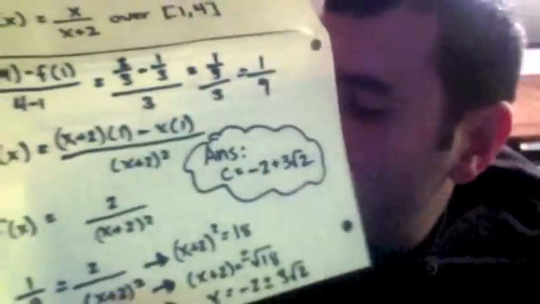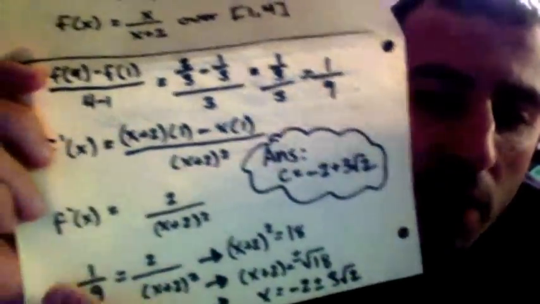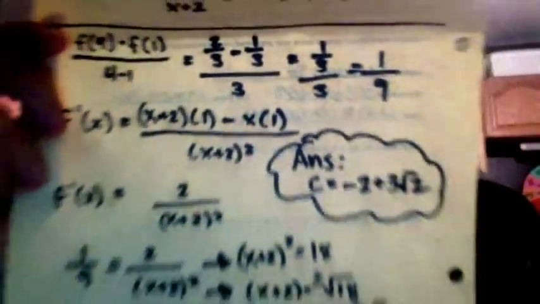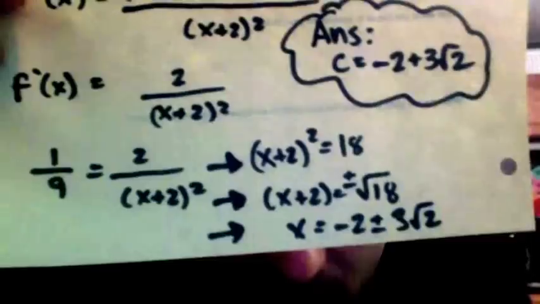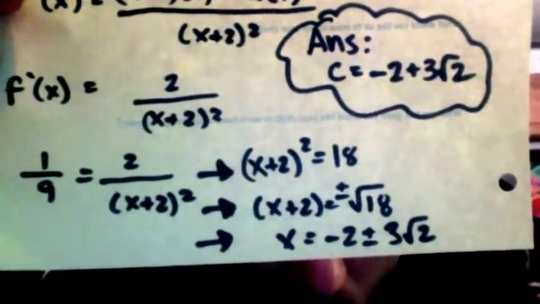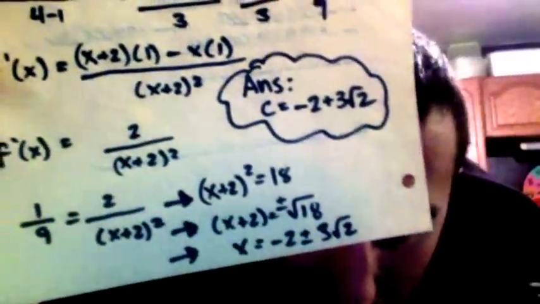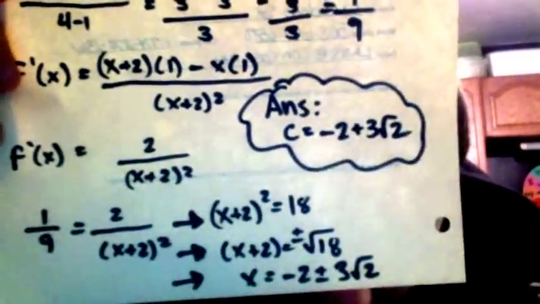So that's right there. Once I have that equation, I solved it. But notice, extreme close up, you end up getting -2 plus or minus 3 square root 2. Only one of those is in your interval. Between 1 and 4, the number that I've circled is the only number in your interval.